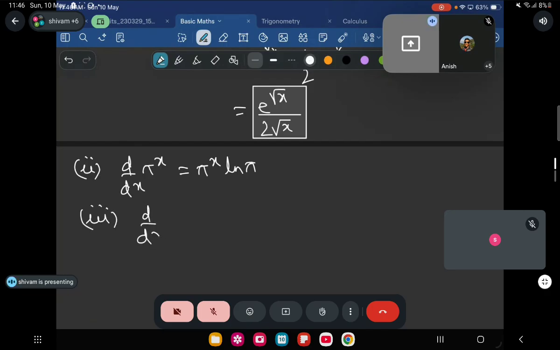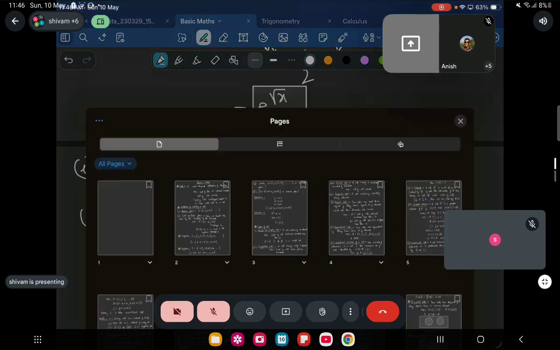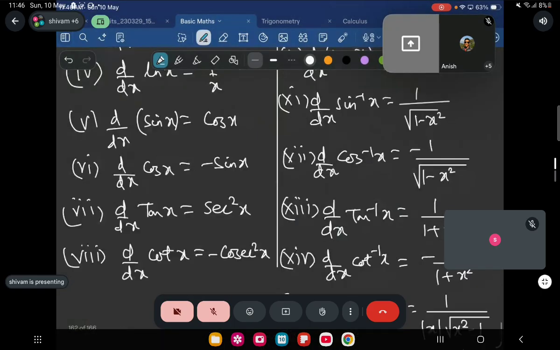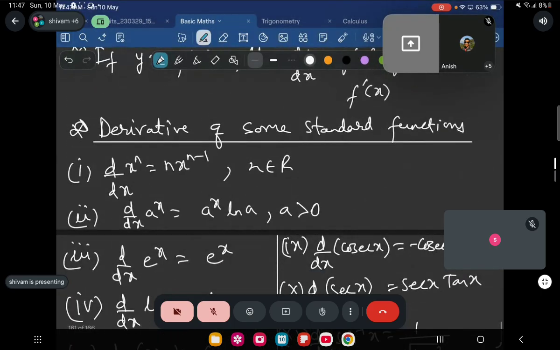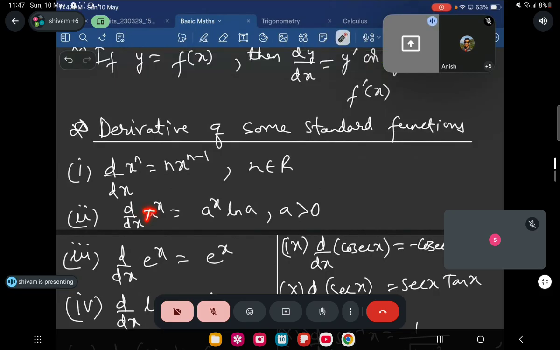d by dx of x to the power pi. d by dx of pi to the power x is equal to pi to the power x ln pi. Done. Wherever it is a, replace it by pi.